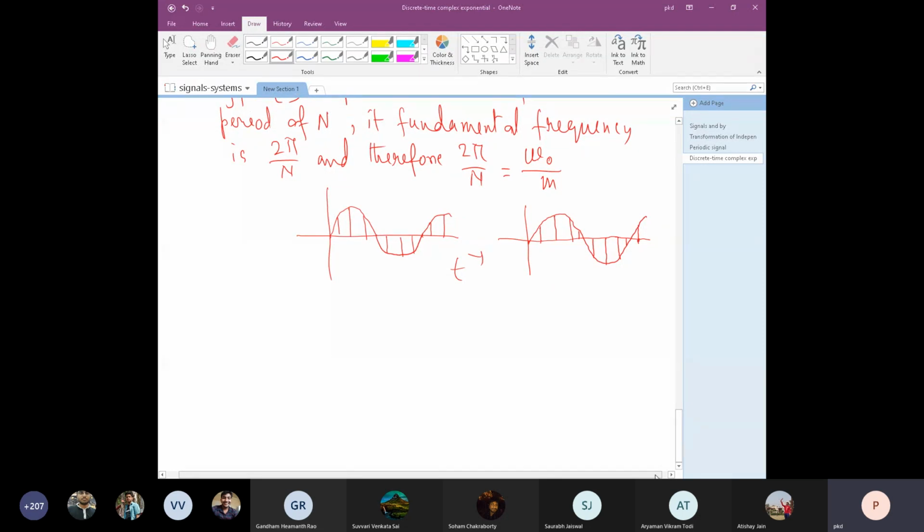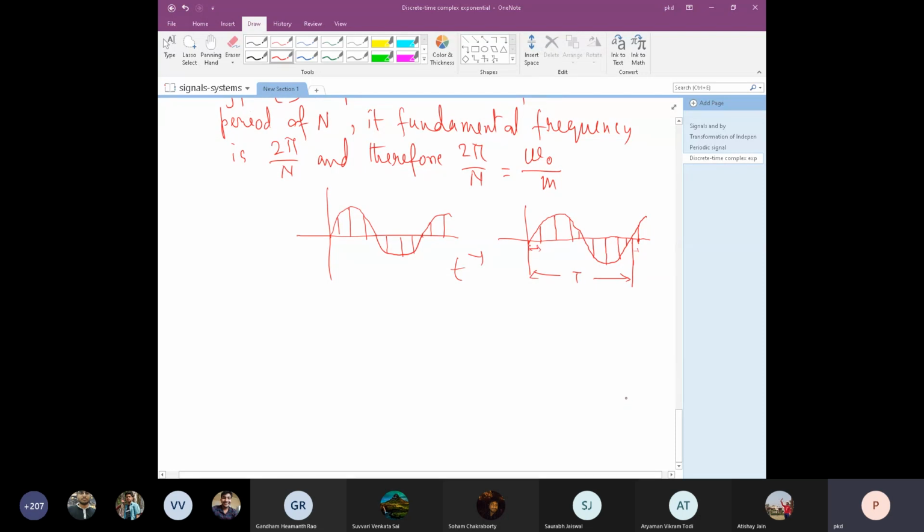It will be periodic in the sense that it will repeat, but after capital T time the sample may not be the same, because this interval may not be equal to this interval.